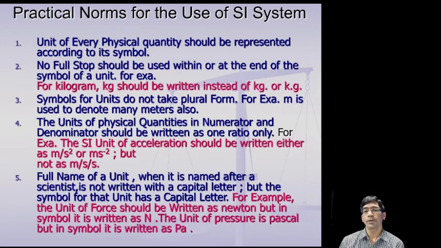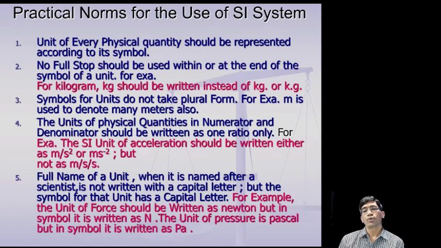For example, meter is used to denote many meters also. If the length of a road is 100 meters, in English we put an s after meter, but in physics, meter is the unit and it is expressed as small m only, not ms.